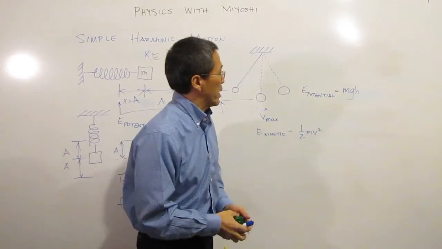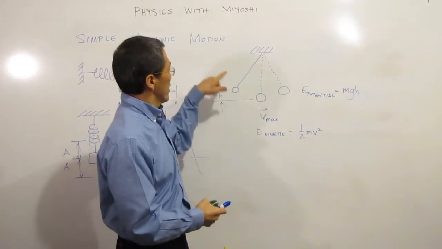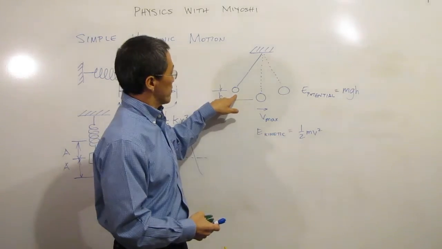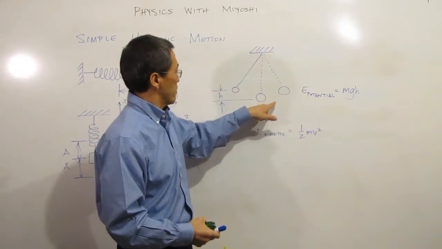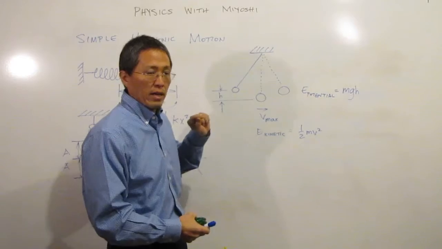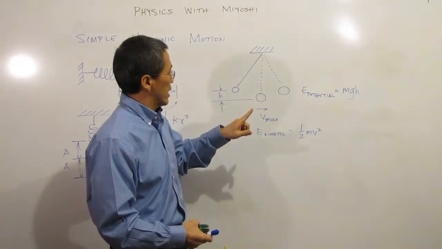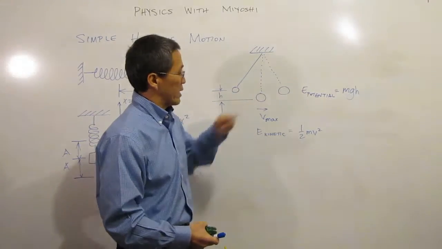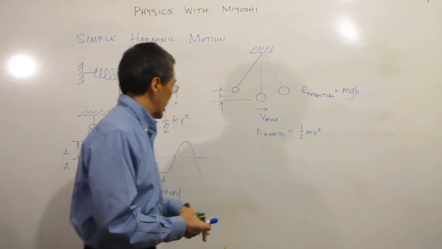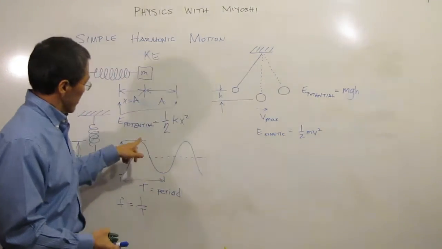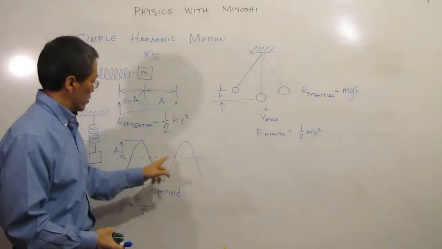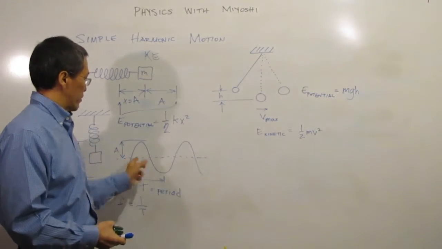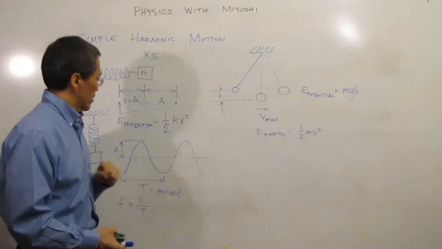If I'm using a pendulum, like I showed you in the beginning, it'd be the time from the top point on one side to the top on the other side and back again. Or it could be, which is a little bit trickier, if you go up, back, and back down, that would also be the period. So you can take it from any two points as long as they correspond. If it's on the sine wave, it could be here, it could be here, but those are all the period.